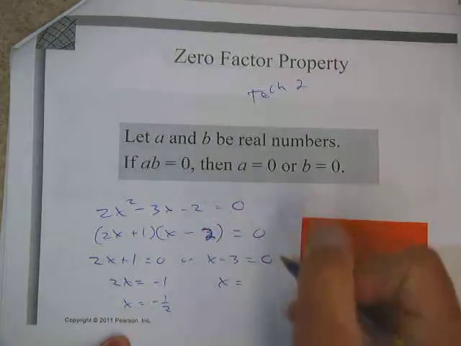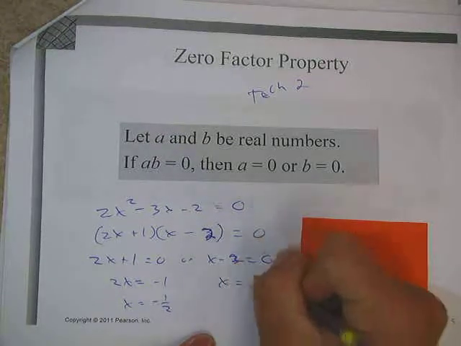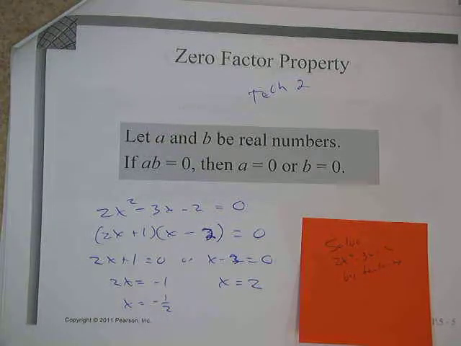So if we did that for this one, we divided by 2, and this one we just have to add 2. So if we add 2 to both sides, we're going to get x equals 2, which once again gives us the same two answers as we got out of the graphing calculator.